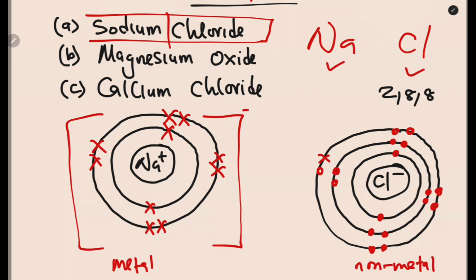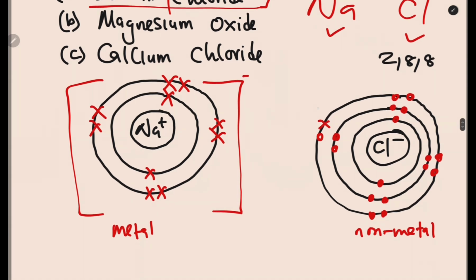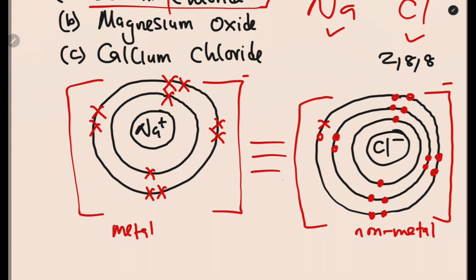Therefore, we show this arrow, to show that this electron was gained from here. To show that this is ionic bonding, we put even this. So this is what we call an ionic bond.